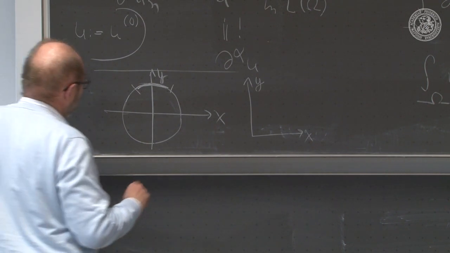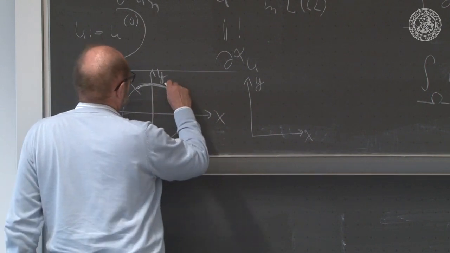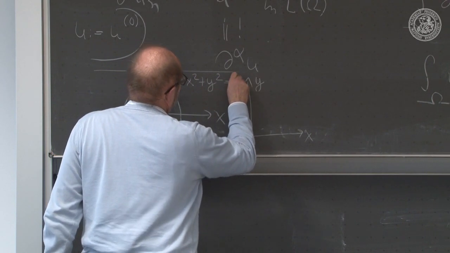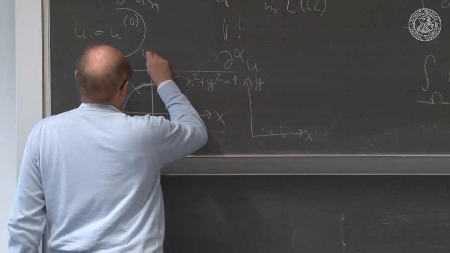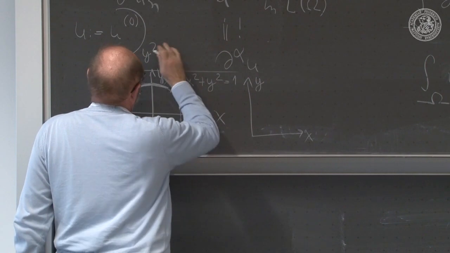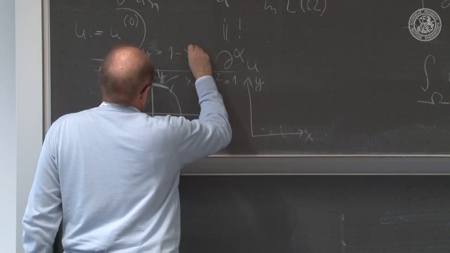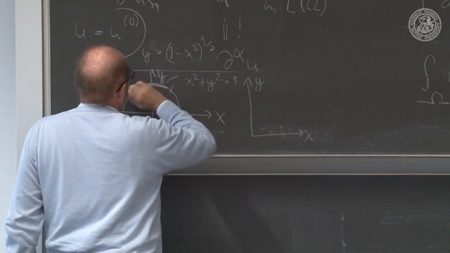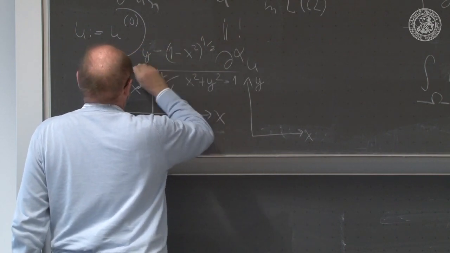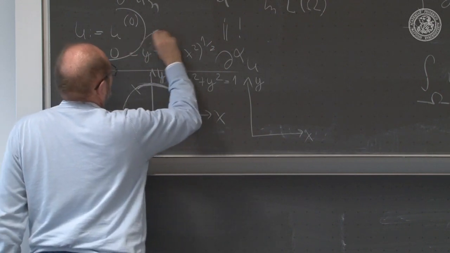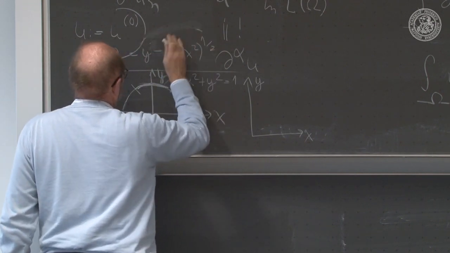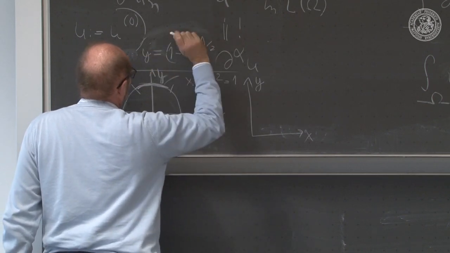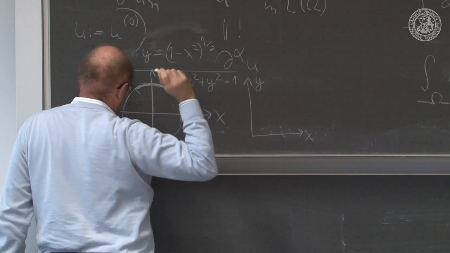Why? So what are the points? The points here are x squared plus y squared equals 1. So y squared equals 1 minus x squared, square root of that. That is my function f. And if I said I want to have it as a set of zeros, this is my function. Okay, maybe I was a little bit unclear with the zero set. I correct myself.